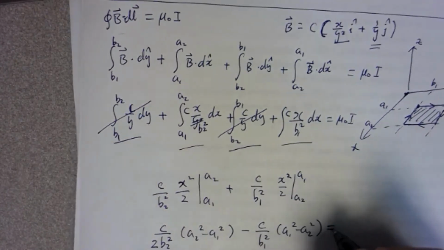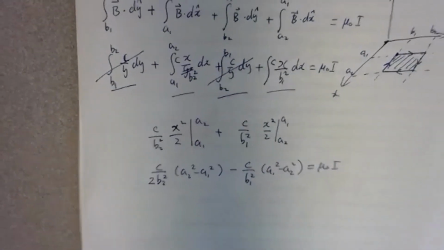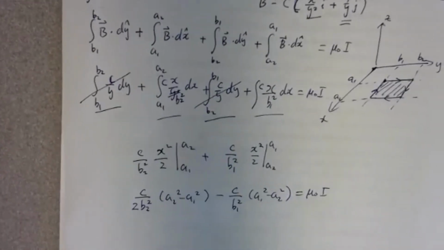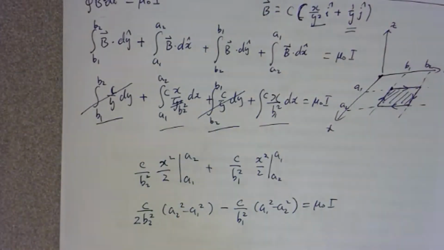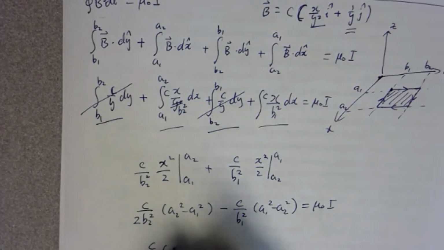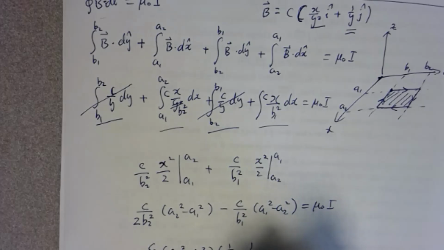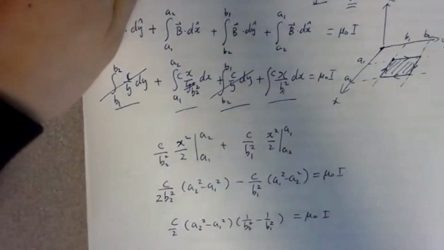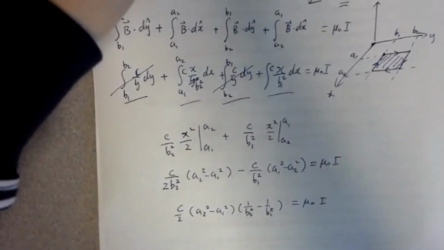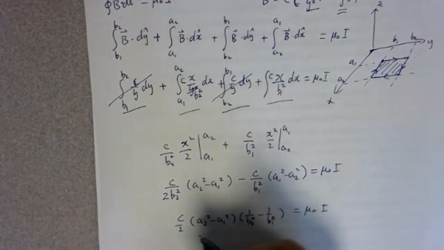That total equal to mu naught I, okay? So what you have at the end is c over 2 times a2 square minus a1 square, and then 1 over b2 square minus 1 over b1 square, okay, equal to mu naught I. So then I will be equal to everything divided by mu naught, okay?